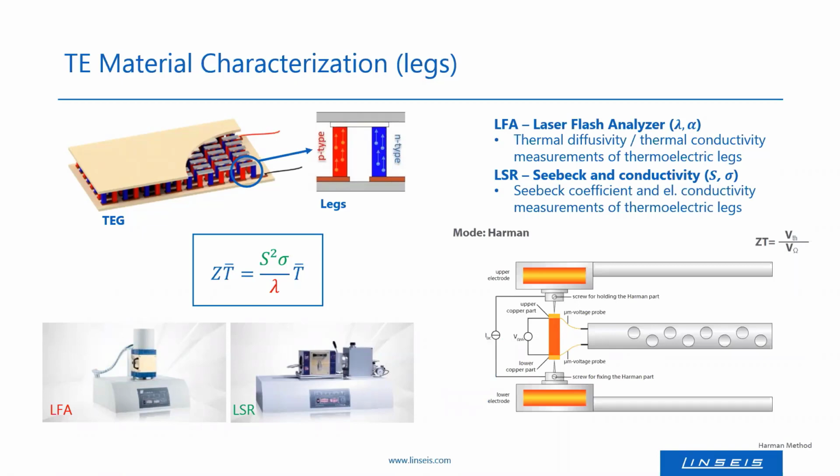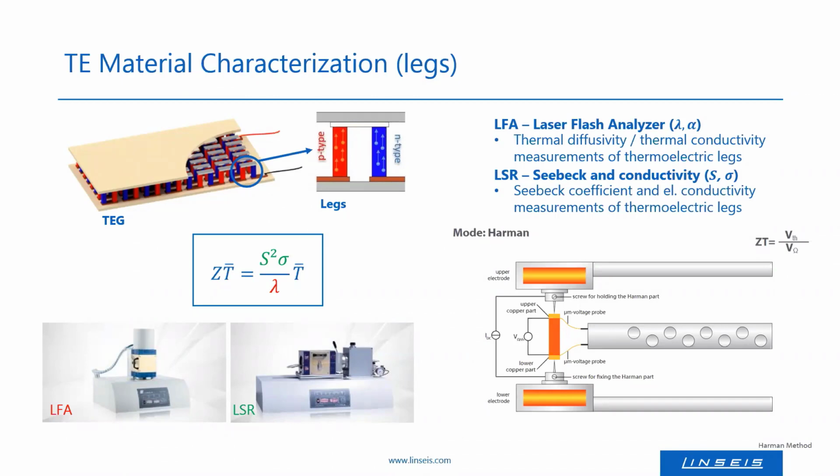For the Harman measurement, a current is impressed into the sample with two needle contacts, as they are shown here in this image. And due to the Peltier effect, the converted Seebeck effect, so to say, one of the transitions is locally cooled or heated, and thus a temperature profile is established.